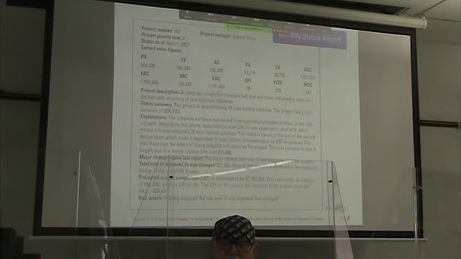We have the project description, the status summary, the explanations talking about the different situations going on, changes since the last report, our total cost of approved design changes, and projected cost at completion.